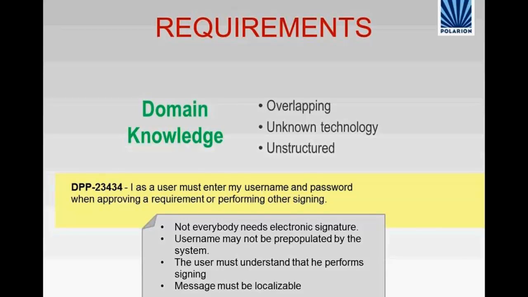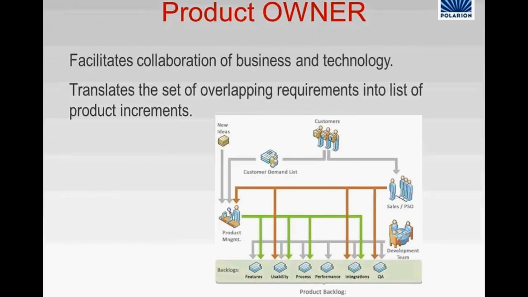And the problem is if you rely on a single user, a product owner, to gather and ensure all these requirements. The primary role of the product owner is to facilitate the collaboration of the business and technology. You can define the role of the product owner as a single individual that is responsible to translate the set of overlapping requirements into a list of product increments.